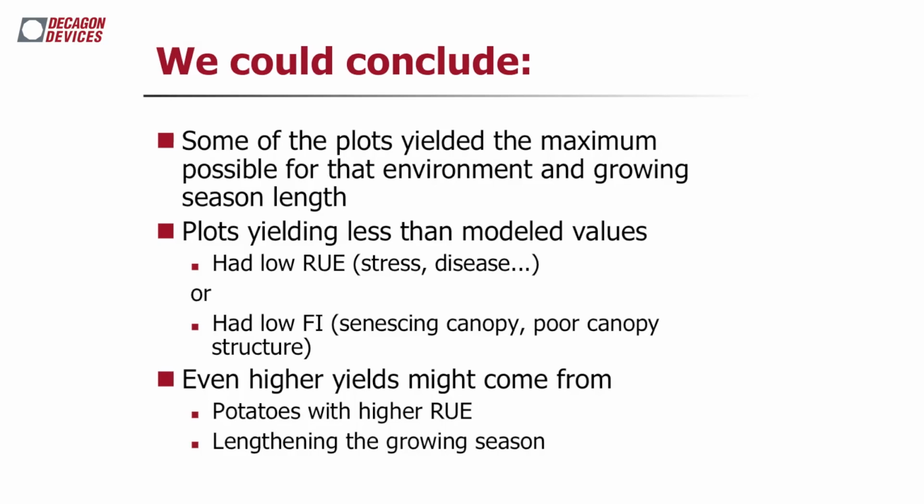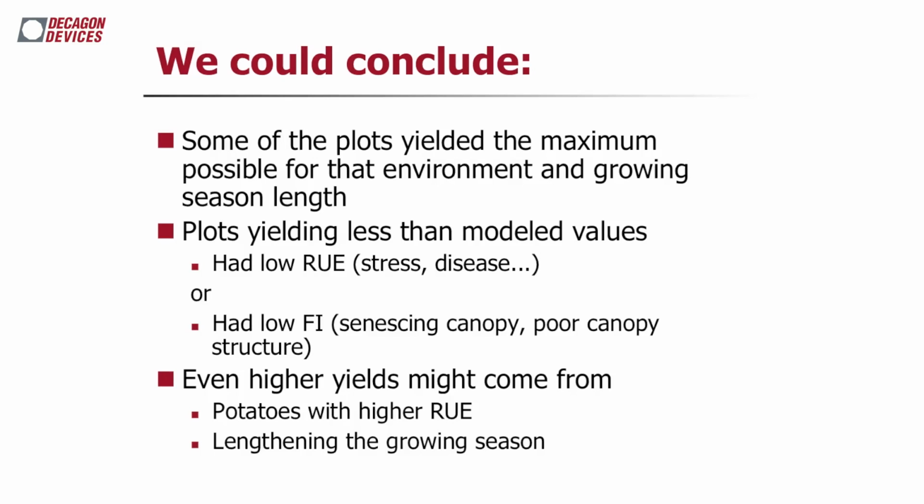Why would they have that? Well, there are a lot of things that might cause that: things like disease, stress, and other things that lower that value. They really are environmental concerns, essentially falling off that line related to the environment the crop was grown in. There are other things that could be a factor as well.